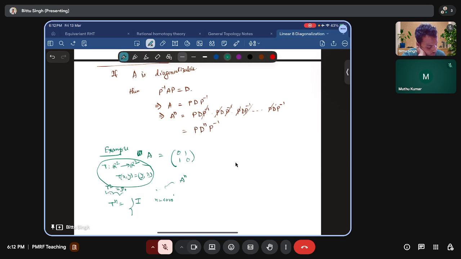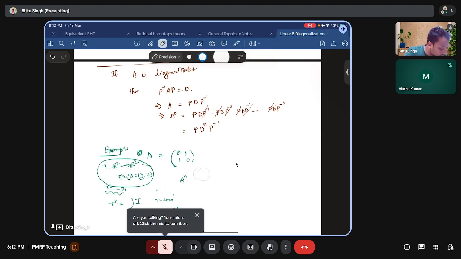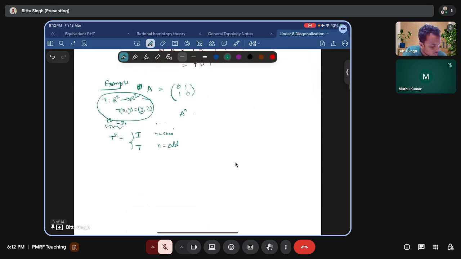But if n is odd, then this will look like T. So here it is not interesting to compute A to the power n. We are not interested. Forget this example.